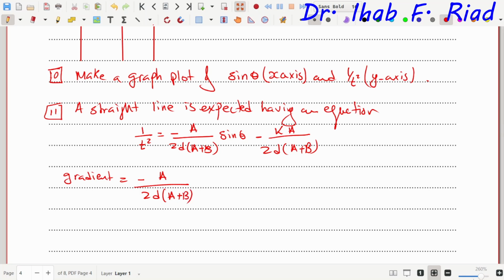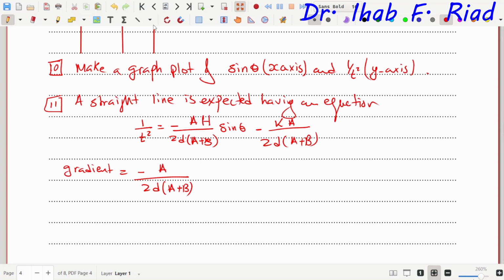Okay, sorry, we have an h over here. Okay, the intercept is equal to minus ka divided by 2d a plus b.